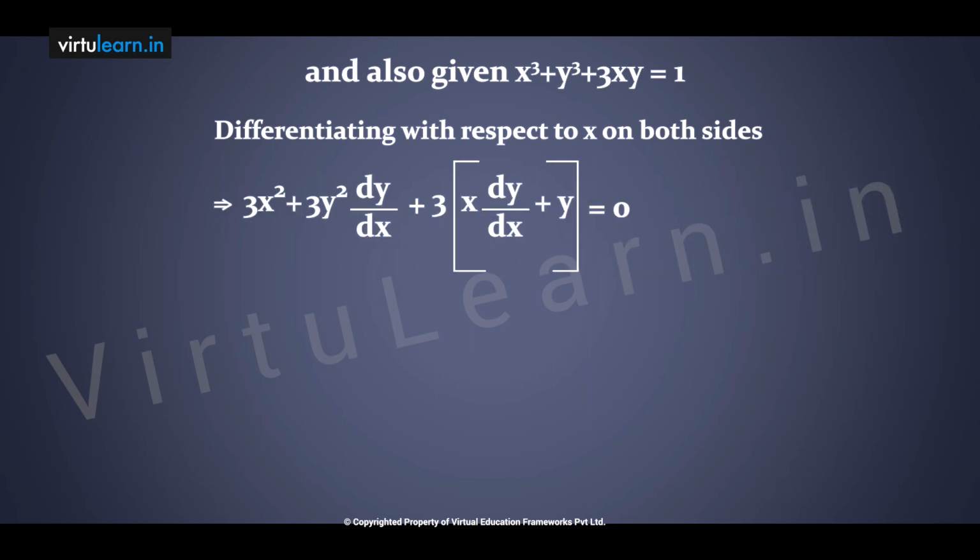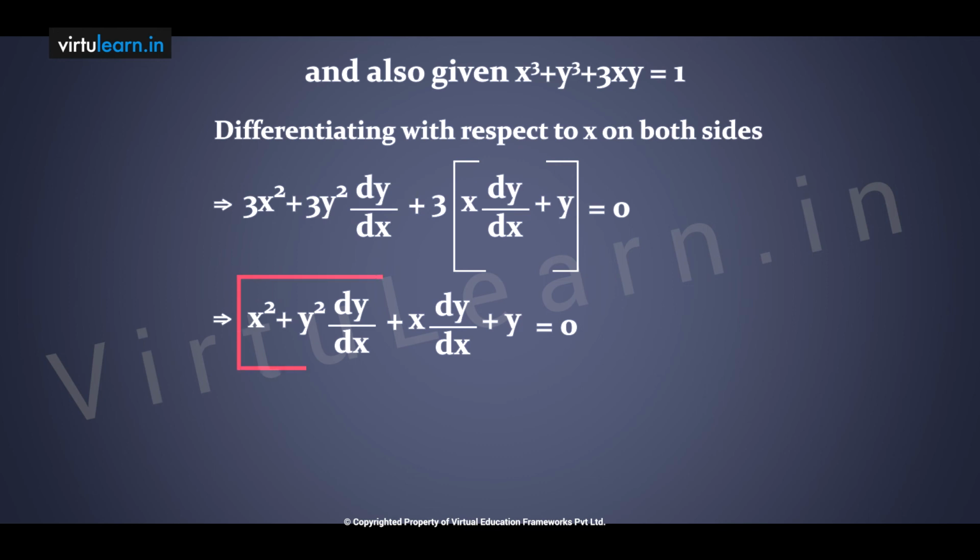Differentiation of x cube is 3x square, plus y cube differentiates to 3y square into dy by dx, plus for xy, uv rule again. x is constant, differentiation of y is dy by dx, plus differentiation of x is 1 and y is constant. Therefore, for this term, 3 into x dy by dx plus y, equal to 0. Now you can take 3 common and send that side, it becomes 0.